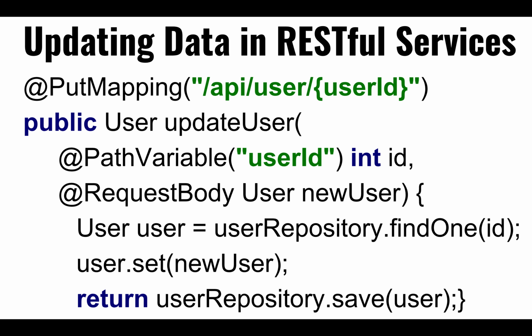So to update the database, what you need to do is first find the record in the database. Does it even exist in the database? It should be there. Presumably, we're updating a record that already exists. So first, we need to retrieve it from the database. So we use the find one. Actually, that's an older API.